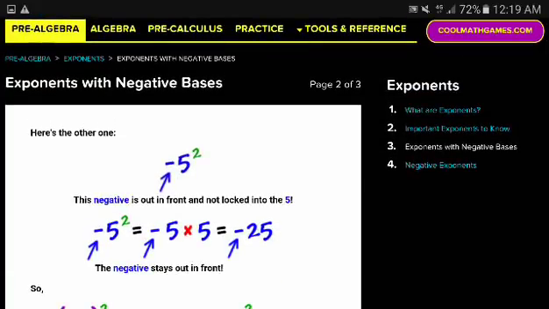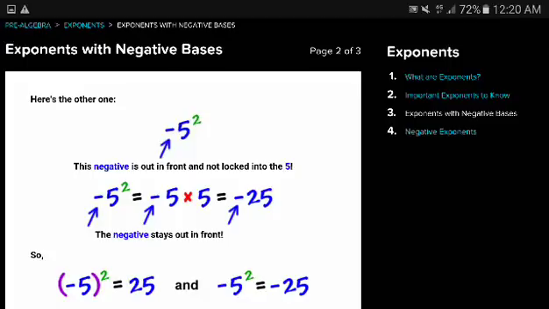Here's the other one. This negative is out in front and not locked into the 5. So yung negative, the negative stays out in front. So ang i-multiply lang natin ay yung 5 lang. 5 stays out in front yung negative. So 5 times 5 equals 25. Tapos i-carry mo yung negative sign.